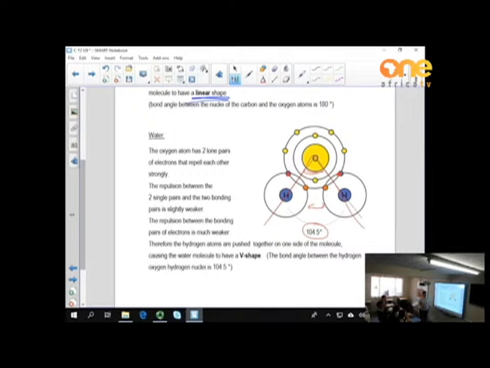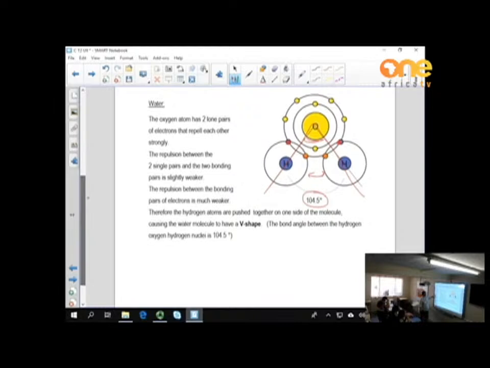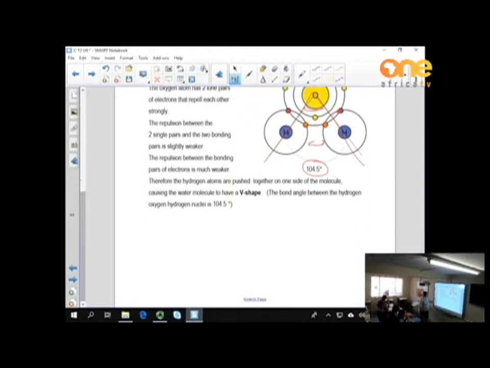They won't ask you obscure examples, but you need to know carbon dioxide, water, ammonia, and methane. It's just the classic examples for V-shaped, pyramidal, tetrahedral. So water then is 104.5 degrees, the bond angle.